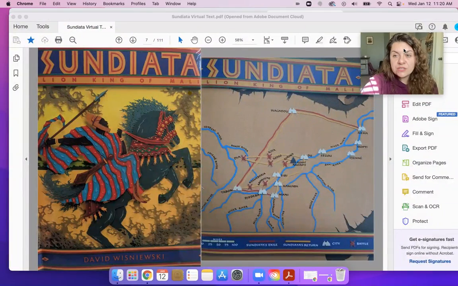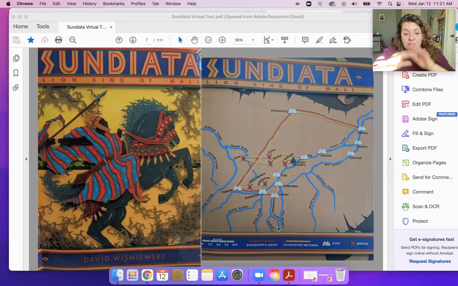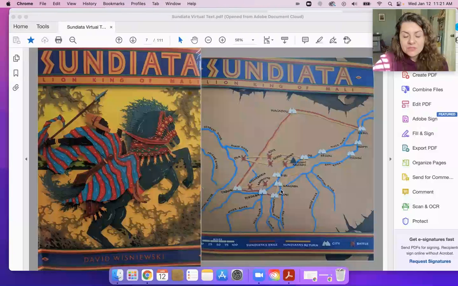All right, so this children's book version of Sunjata, notice it says Sunjata, the Lion King of Mali. This was written by David Wisniewski. The first page has a map of Sunjata's journey. Now, this is going to be much more interesting once we have gotten more into the story, but essentially, Sunjata's story begins right here in the town of Niani.